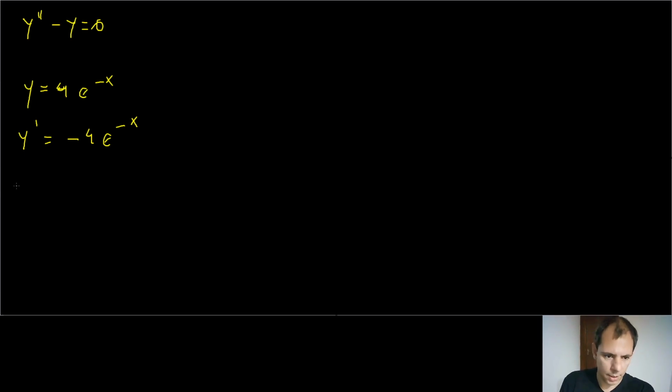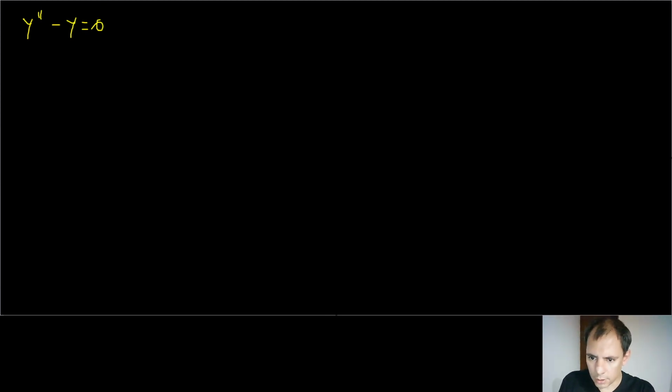The second derivative is going to be equal to 4e to the minus x. So let's do it. 4e to the minus x minus 4e to the minus x, is that equal to 0? Yes. So this function, this y, is one of the solutions for this differential equation.